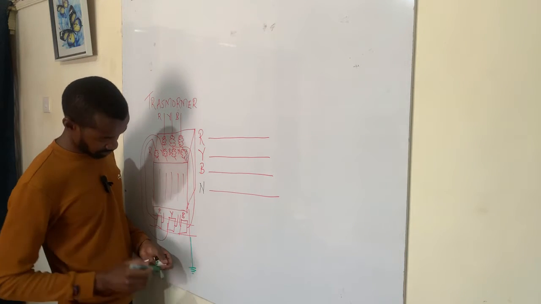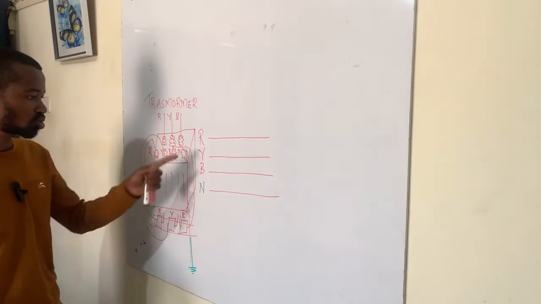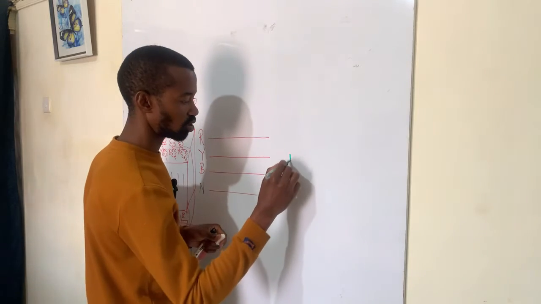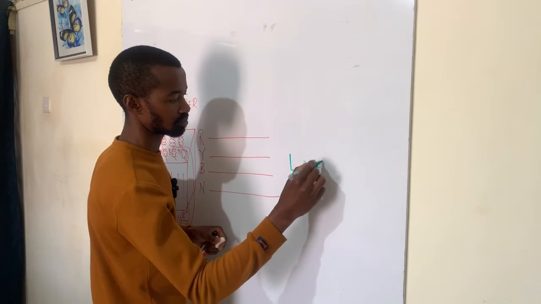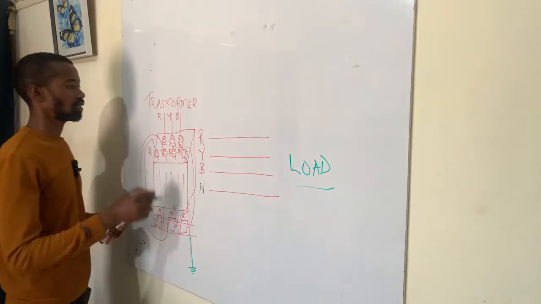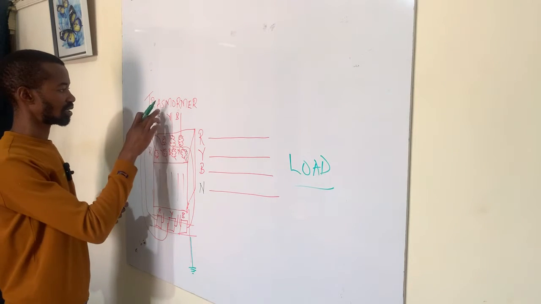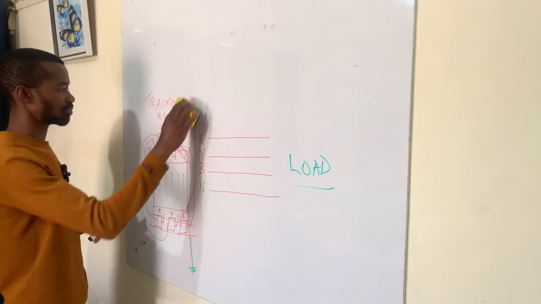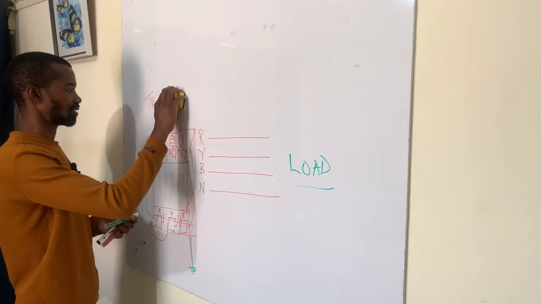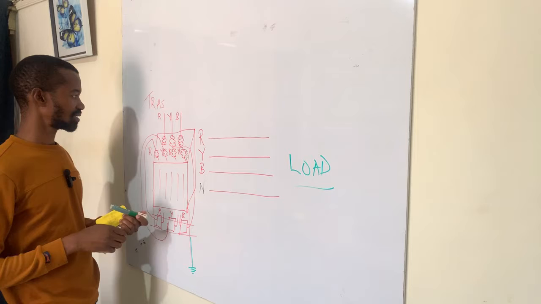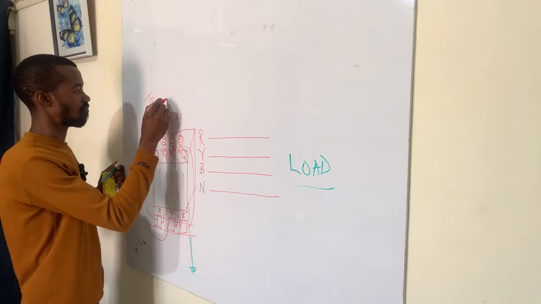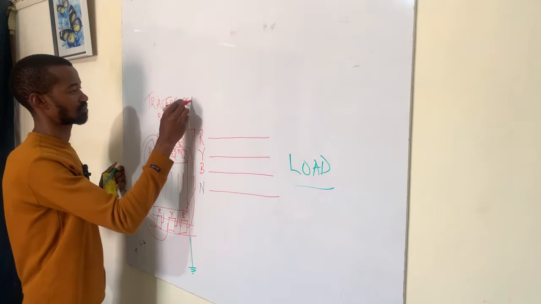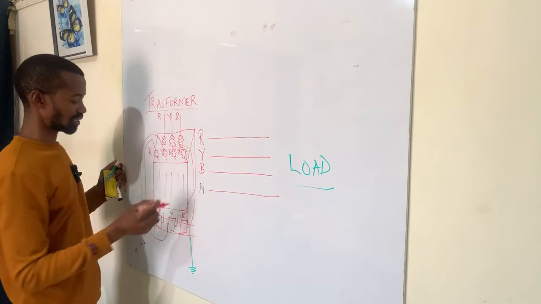You know, a transformer has to be earthed. So this goes to, of course, the load, and we have our transformer. Did I write transformer as it's supposed to be really? That is our transformer there.